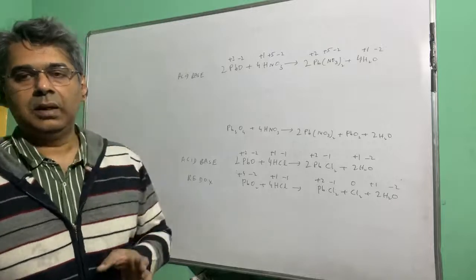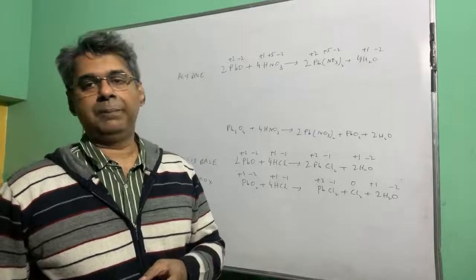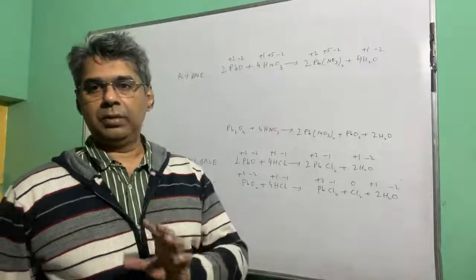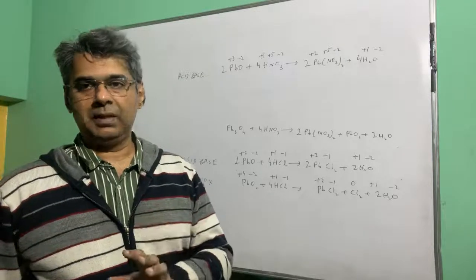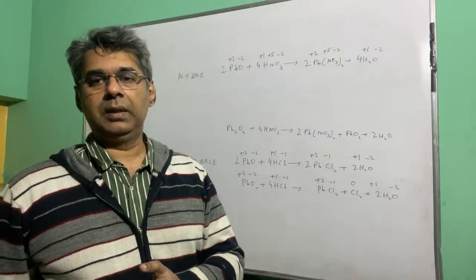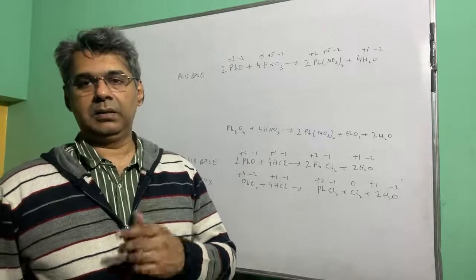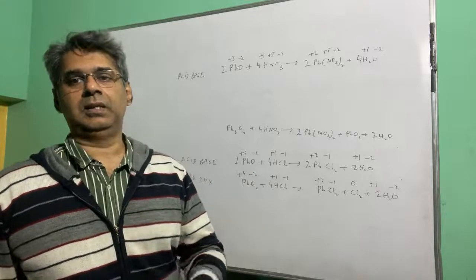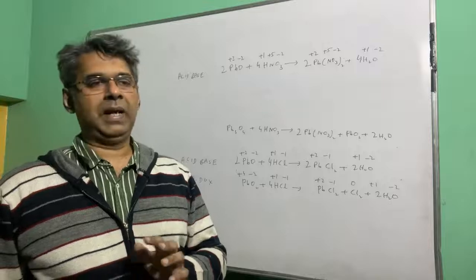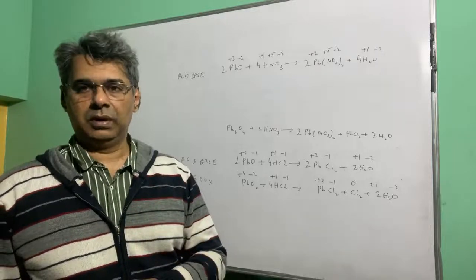So just remember, when there is a mixed oxide, you have to be a little careful that you don't straight away try to do the oxidation number method and balance. It won't work. Secondly, when you have dual behavior, like a substance can be oxidizing as well as acidic, then you can have this problem. Otherwise, by and large, the oxidation number method will work.